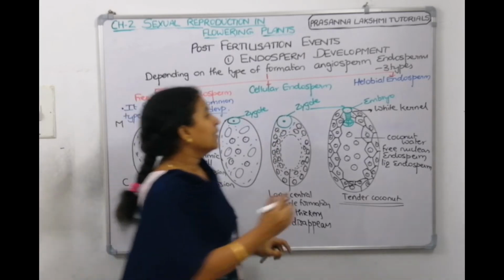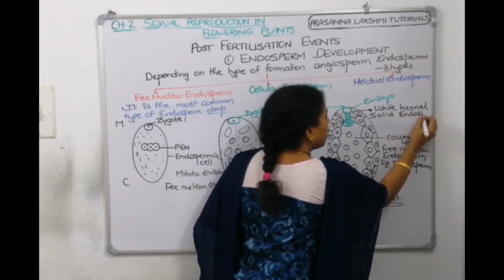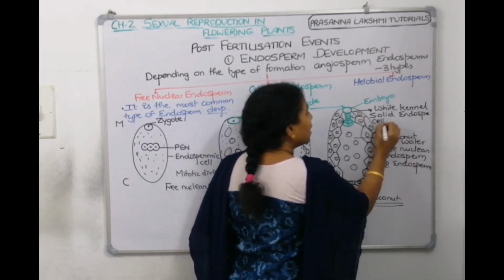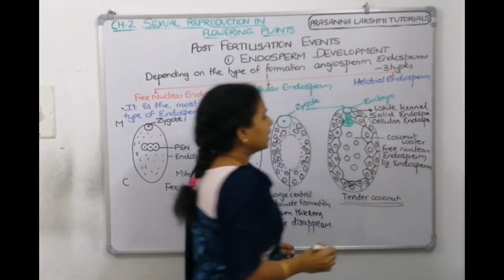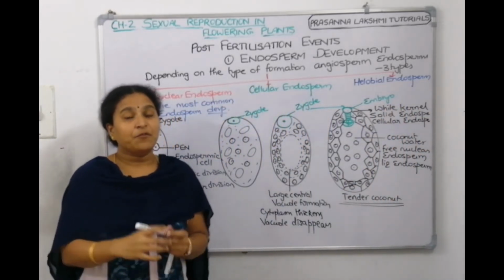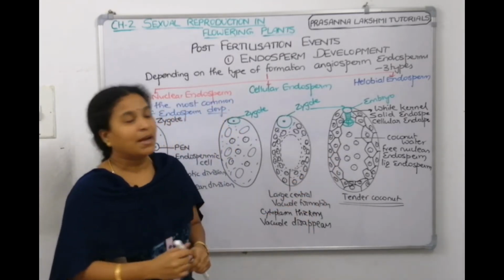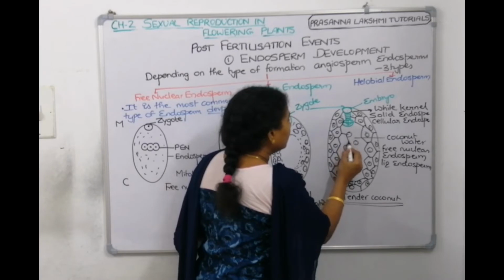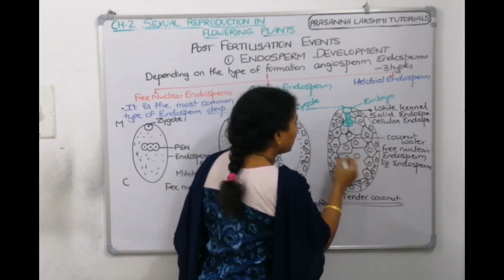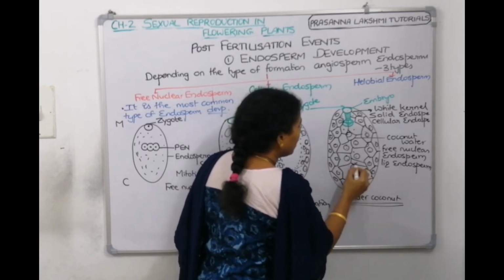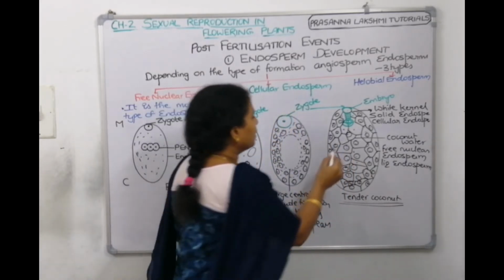So the white kernel represents solid endosperm, or we can say cellular endosperm. And if you take a completely dried coconut, then even these nuclei will be covered by cells. In a completely matured one, everything becomes cellular, right?